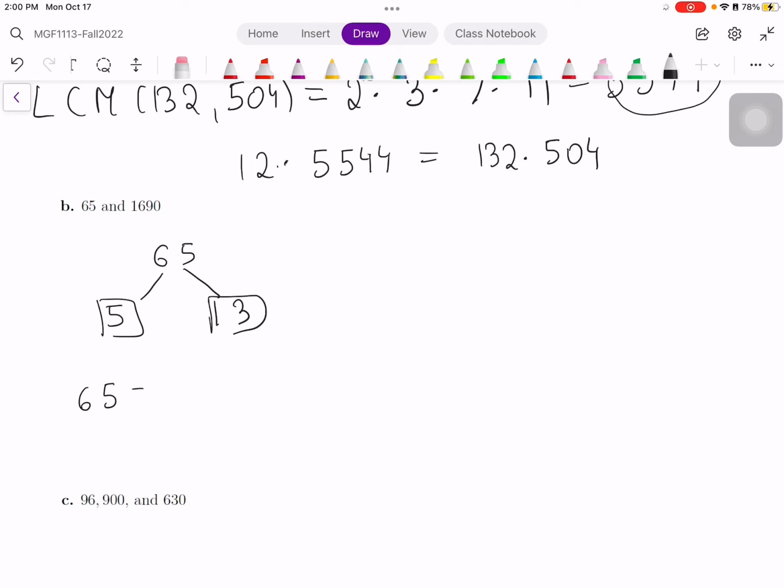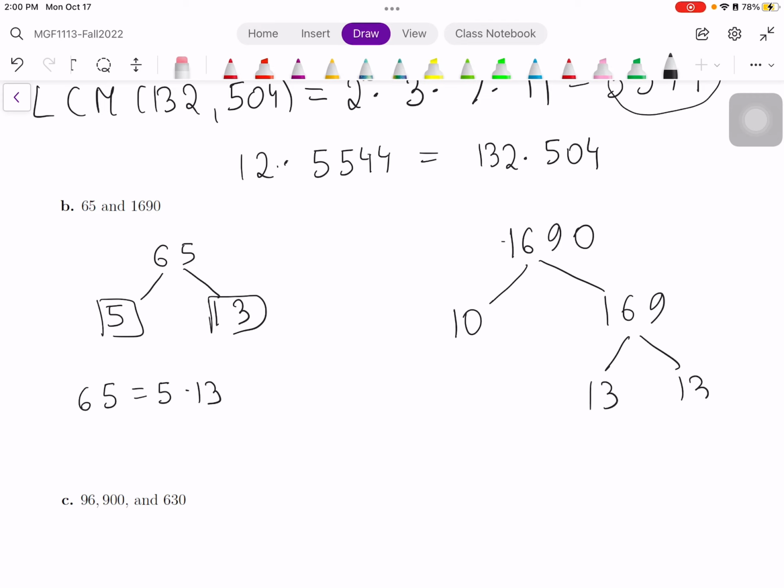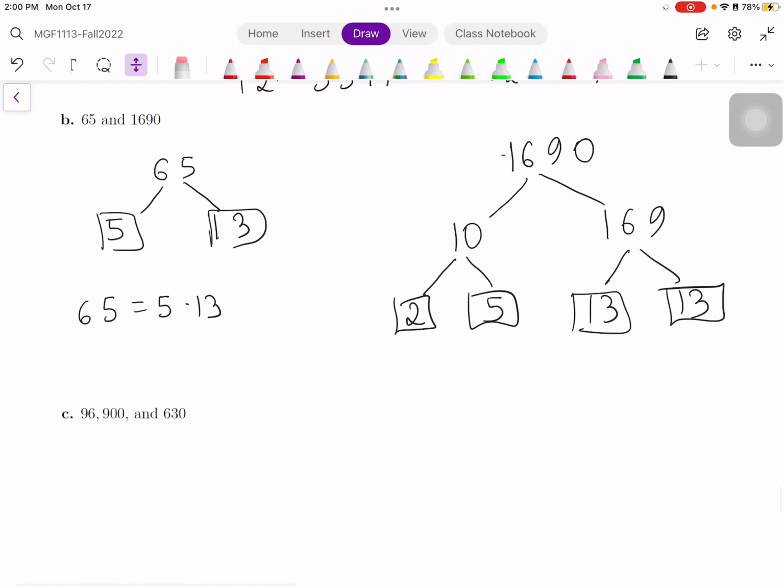So 65 is just 5 times 13. 1690, well, for sure 10 times 169, which is 13 times 13. Those are prime factors, but 10 is 2 and 5. We're done. So the prime factorization for 1690 is 2 times 5 times 13 squared.